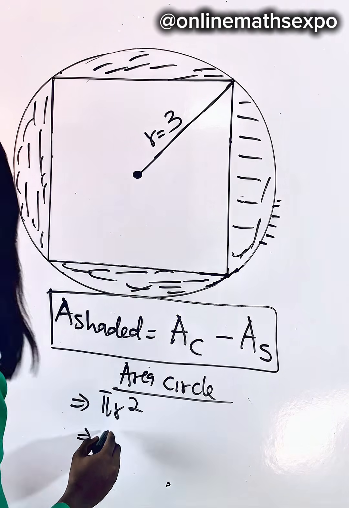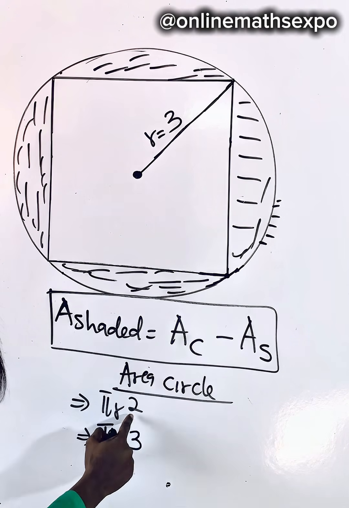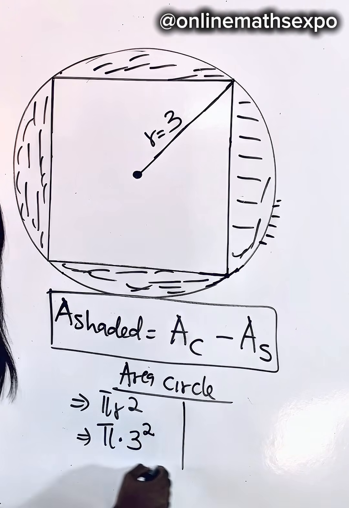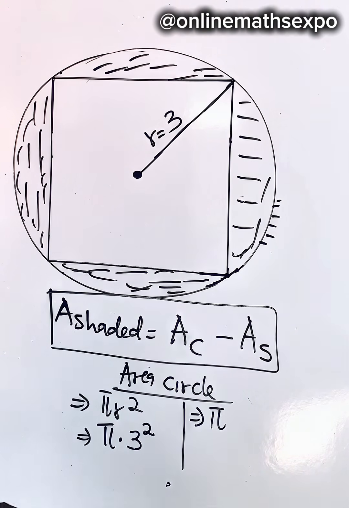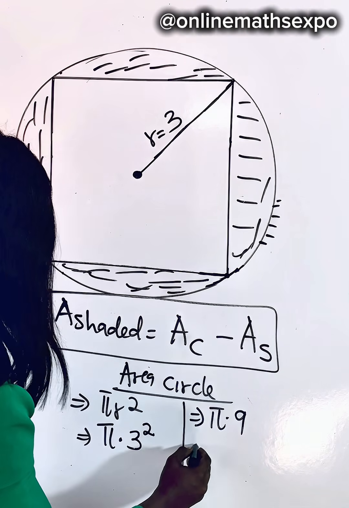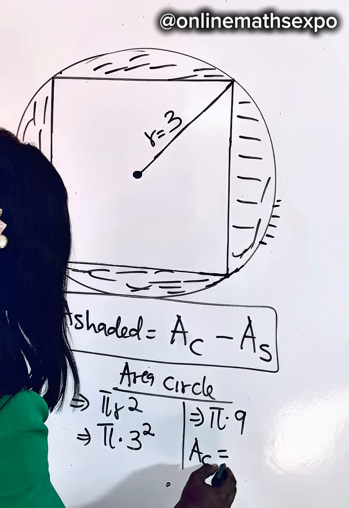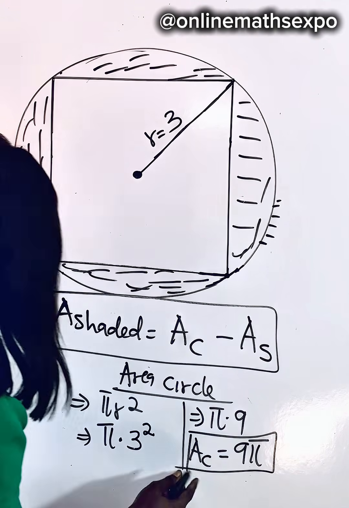So we now have pi multiplied by the radius 3, squared. If you simplify, we have pi, 3 squared is 3 multiplied by itself, and that gives us 9. So the area of the circle is 9 pi.